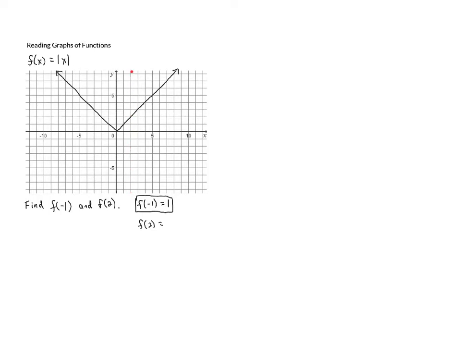We're looking at the line x equals 2. Now we can see that the graph goes through this line right here. This is the point on the graph that has an x-coordinate of 2. And we look at the y-coordinate, that's also 2. So f of 2 is going to equal 2.